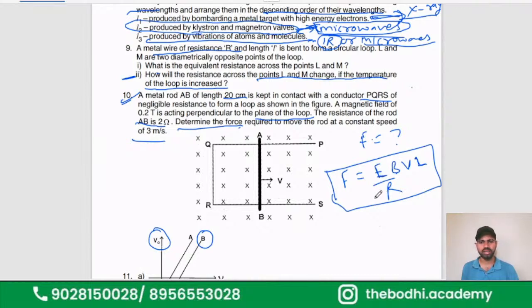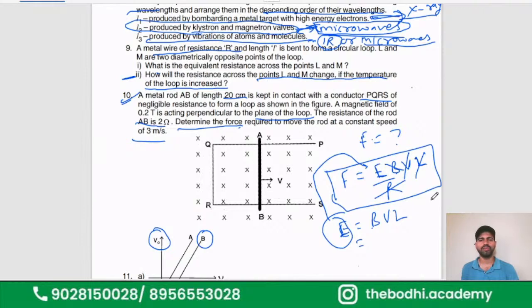We have R, yes. We have B, yes. We have V, yes. We have L, yes. The only thing we don't have is E. And E is given by E = BVL. So we have B, V, and L, and we can easily find E.